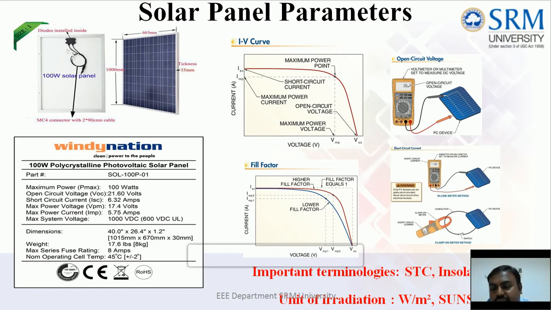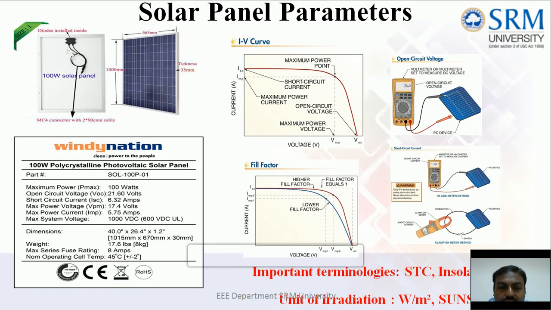On the right side of this slide we are seeing many methodologies for how to measure the short circuit current and open circuit voltage. Of course, you can take this as an experiment in your class. Students can take a typical PV panel, irrespective of the power rating, and look at the specifications.